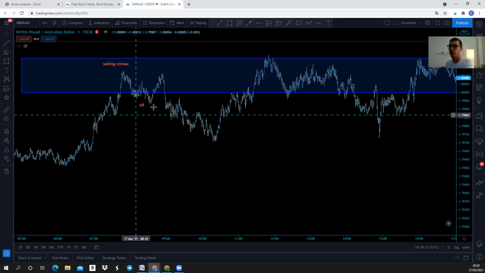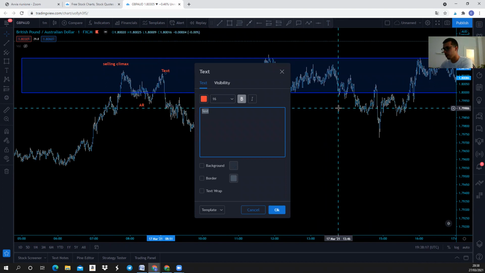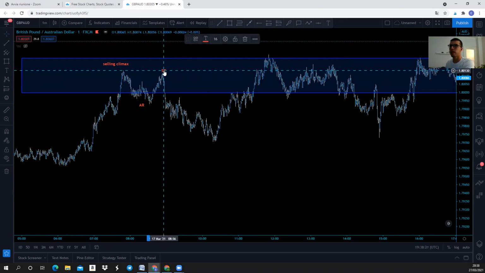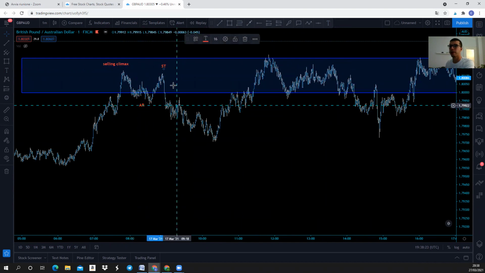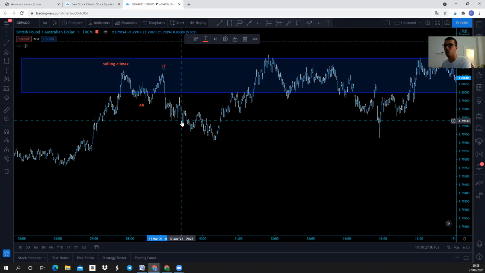Then we have the secondary test, ST. And keep in mind that these 3 moves right here usually always happen.